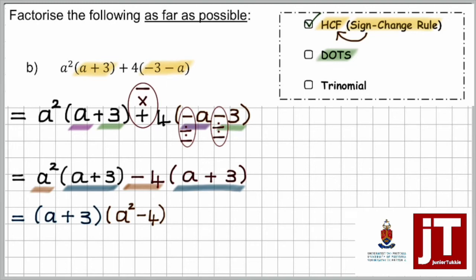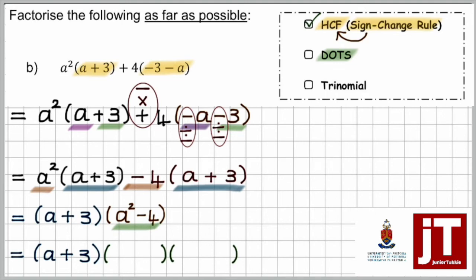Well, if you look at the second set of brackets, you may notice that we have a negative sign and we have two perfect squares. So yes, we have a difference of two squares. Let's factorize that difference of two squares. We start off by writing a plus 3.